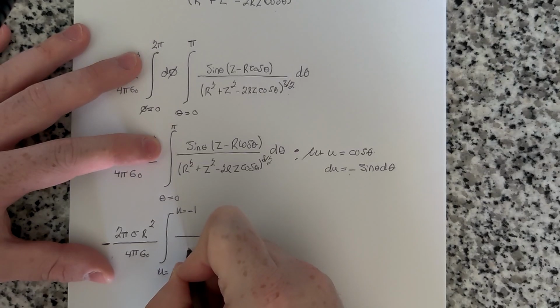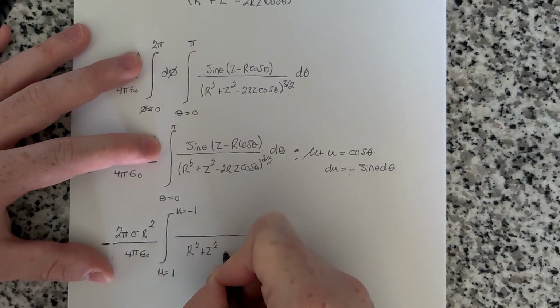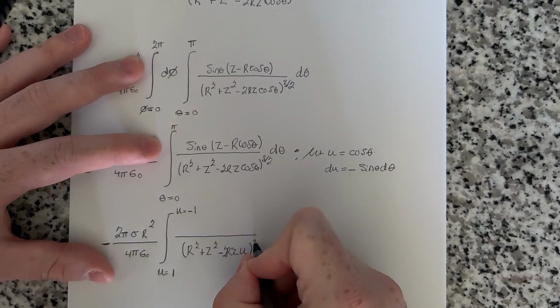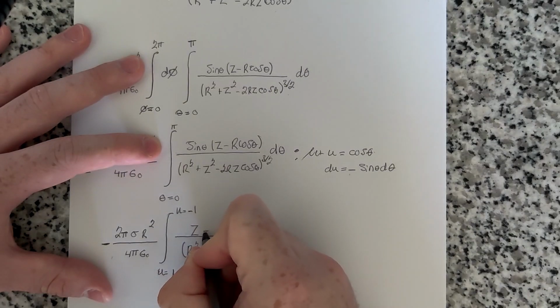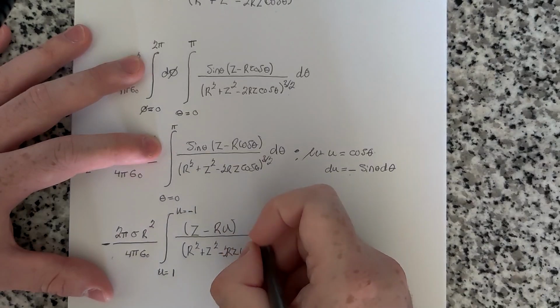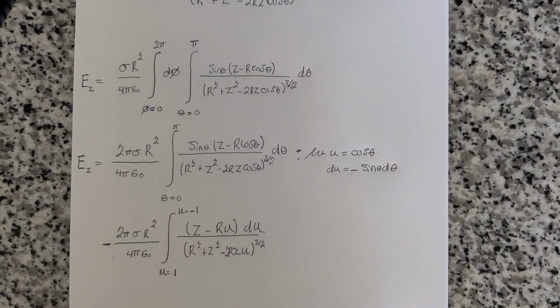So we have r squared plus z squared minus 2rzu, and still to the 3/2 power. And on the top we have z minus ru du, because sine of theta d theta is our du now.